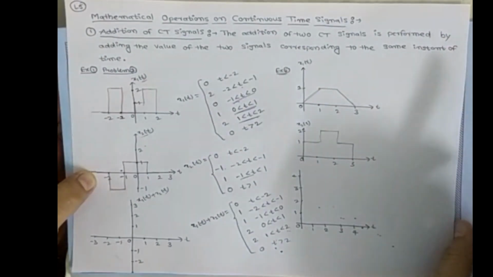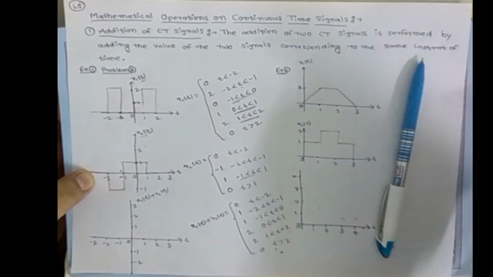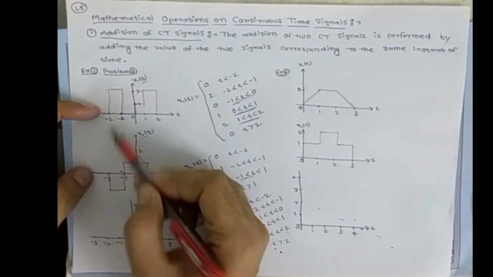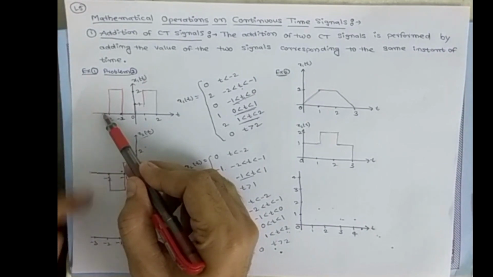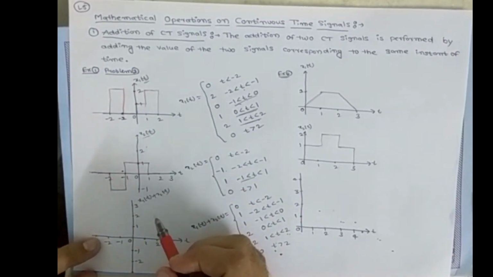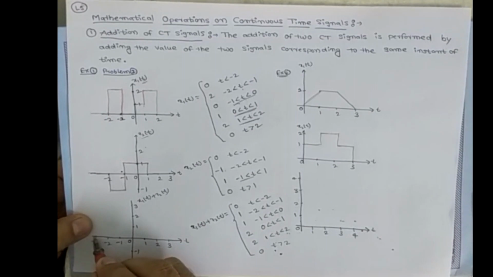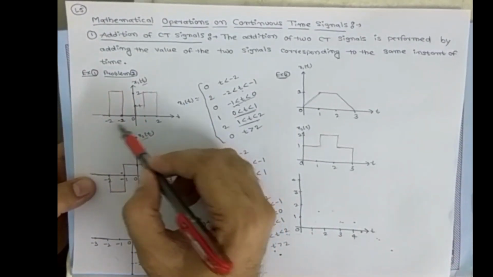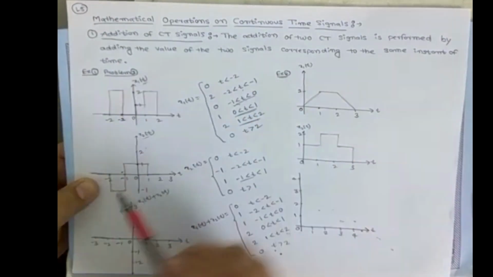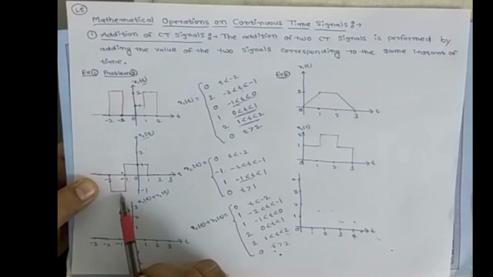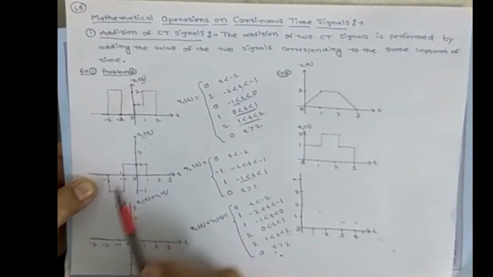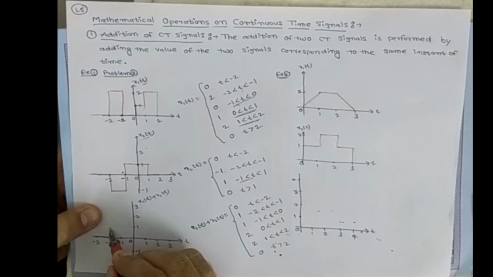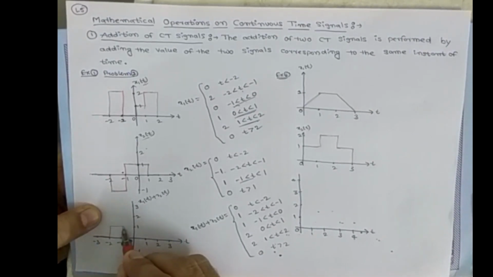Here at minus 2 we have 0 and 0, and 0 plus 0 is 0 only. From minus 2 to minus 1, one signal is 2 and the other is minus 1, so 2 minus 1 is 1, and we get 1 up to here.